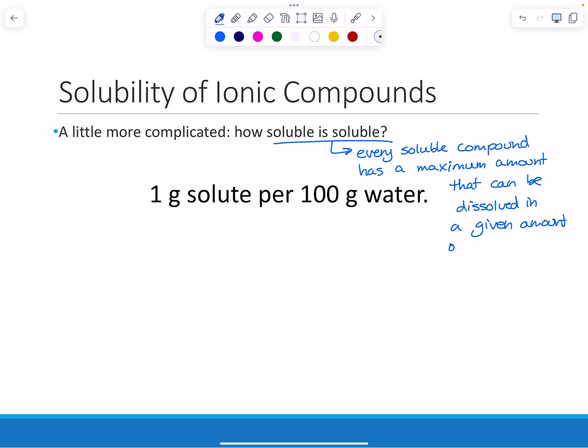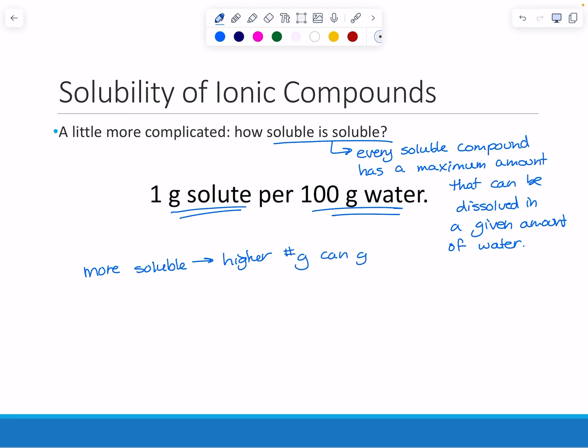And so we typically express these in grams of solute per 100 grams of water. So something that is more soluble is going to have a higher number of grams that can dissolve into 100 grams of water.